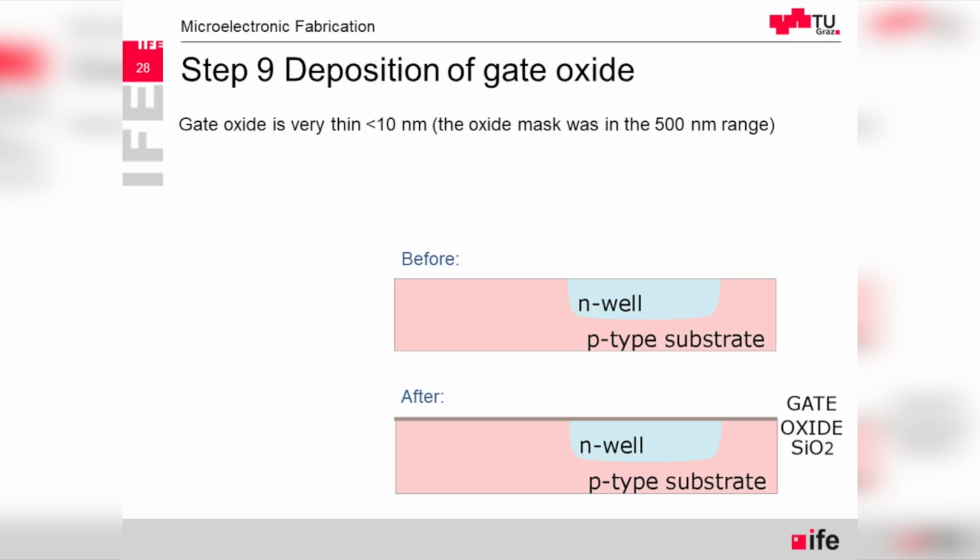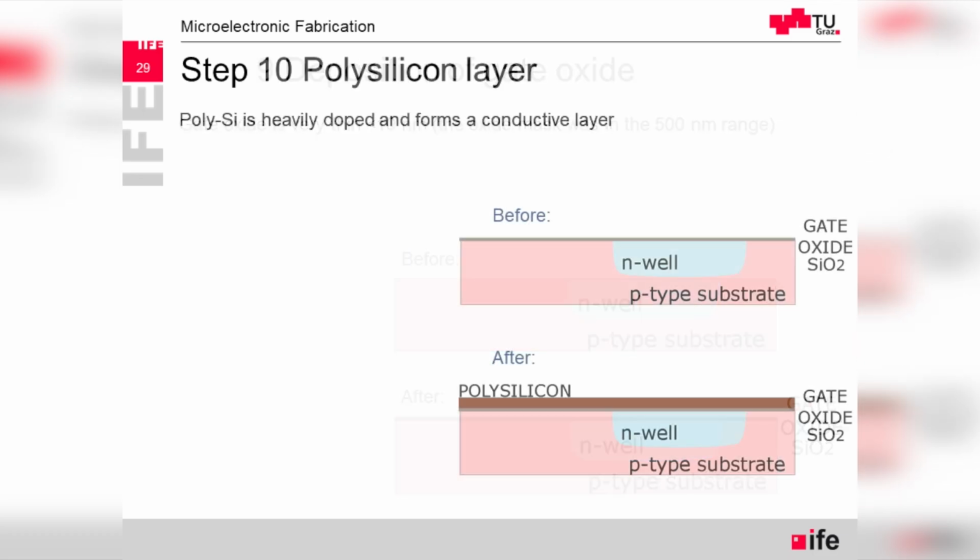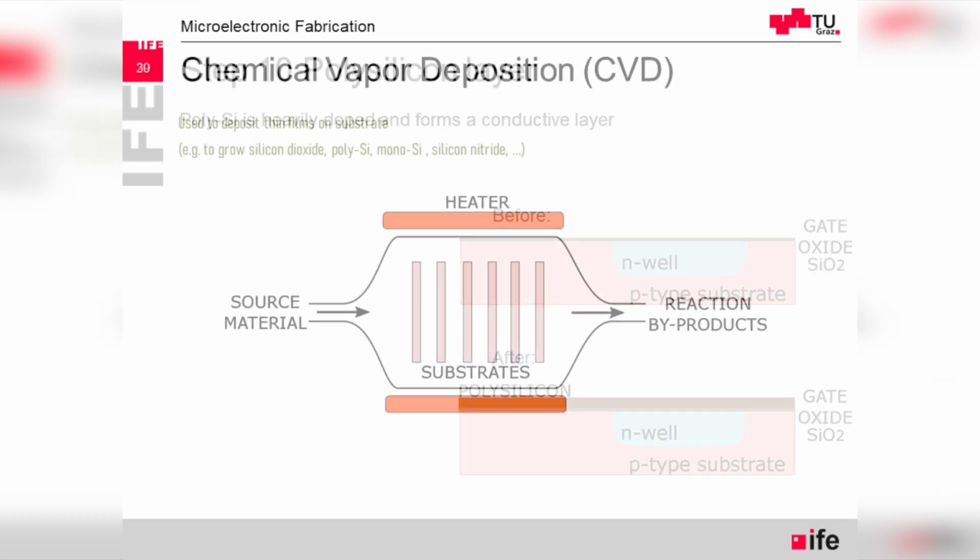So it has to be very well controlled. With dry oxide. The next step is deposition of the polysilicon. Then we're going to leave the polysilicon and the gate oxide only in the places where we want to have the transistor gate. Everywhere else we remove it.